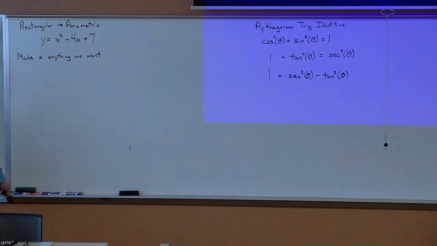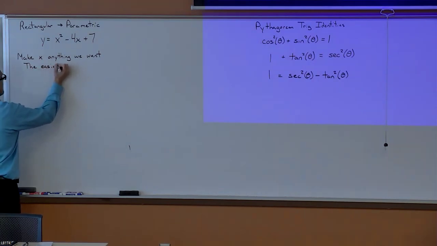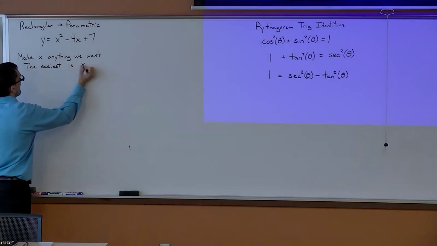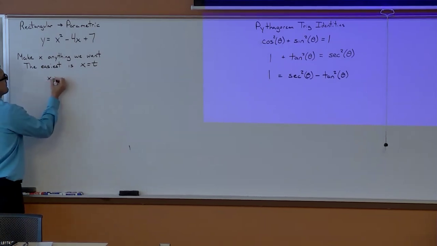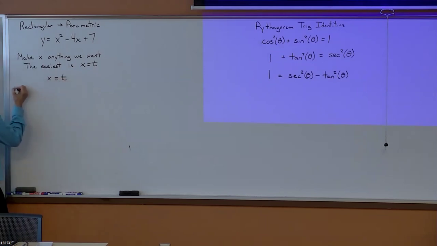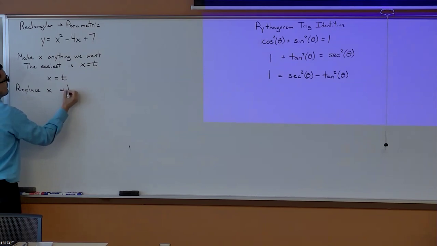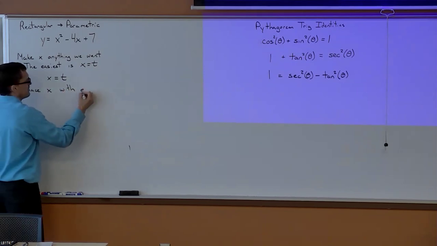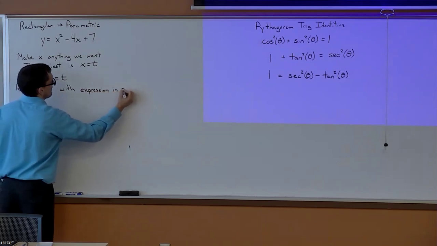Probably the easiest thing to do is to make x equal to t. If I set x equals t, then I can replace the x with the expression in the rectangular equation.